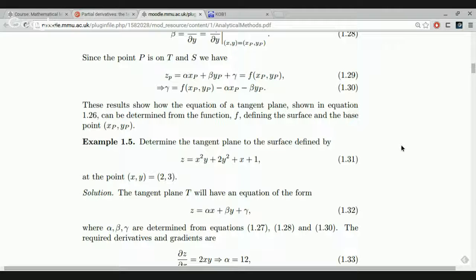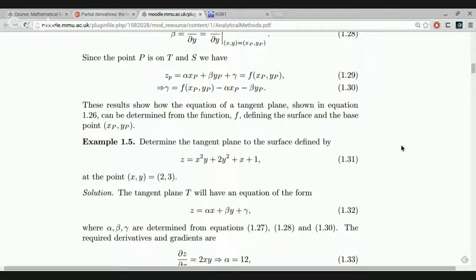So finally, the gamma, which is the constant coefficient from the equation of the plane. Well, according to the notes, this was f at xp, yp minus alpha xp minus beta yp, isn't it? So we have all that information now. We can just plug all of that in.